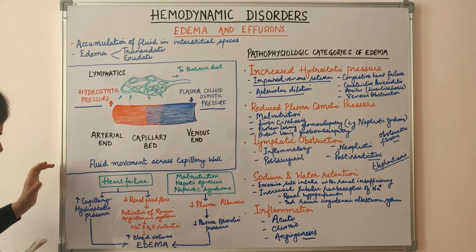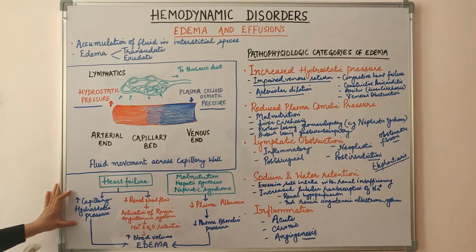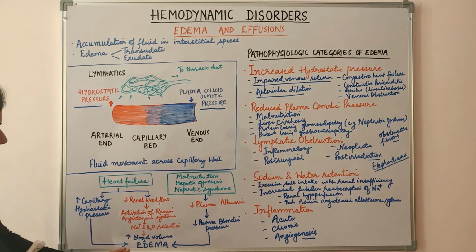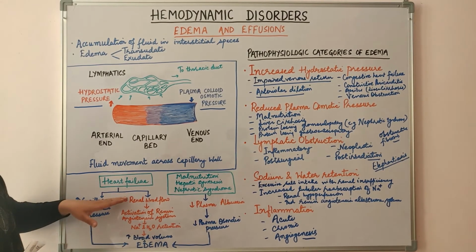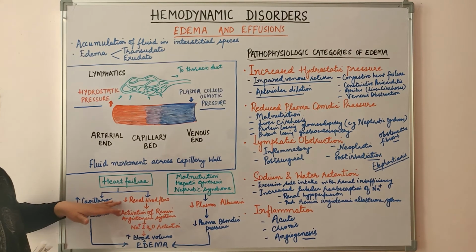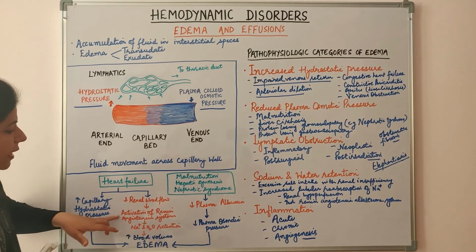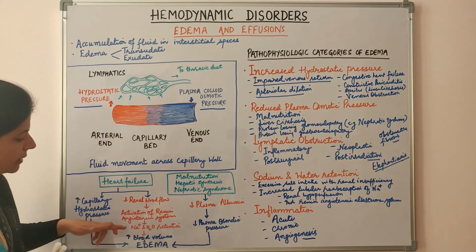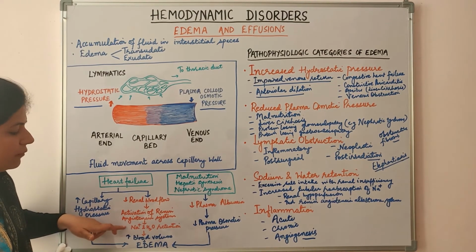In heart failure, there is an increase in the capillary hydrostatic pressure, and this leads to edema formation. Also due to heart failure, there is renal hypoperfusion, or decreased renal blood flow, and this leads to activation of the renin angiotensin system, and this leads to sodium and water retention.